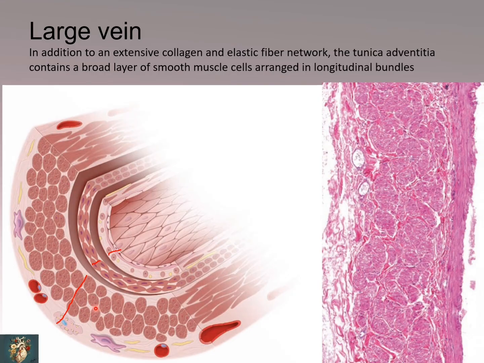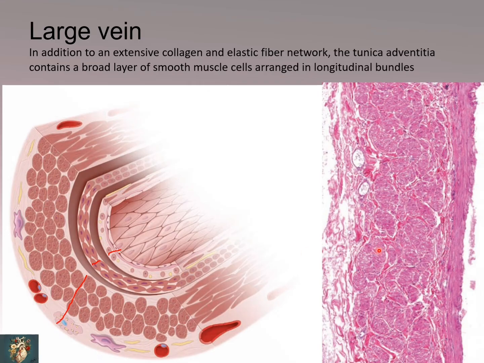In the adventitia these muscles are longitudinally arranged, and in addition to these smooth muscle cells there is a large amount of collagen and elastic fiber. And the third zone is outer to this middle zone, which also consists of elastic and collagen fiber.